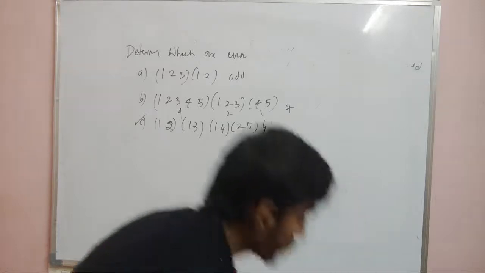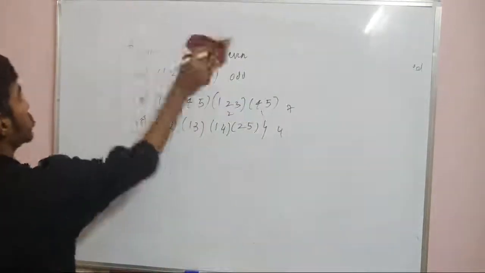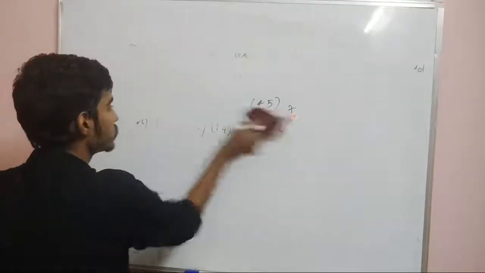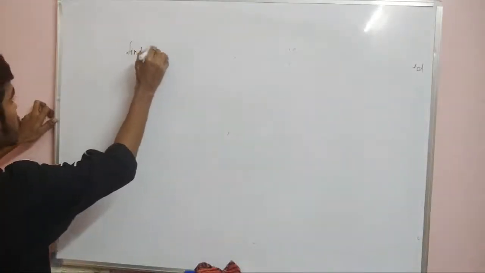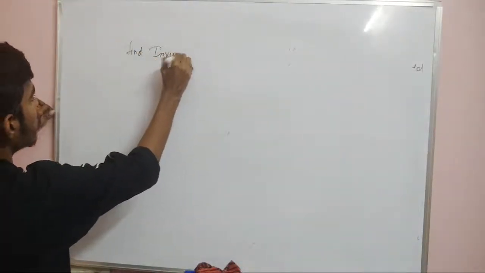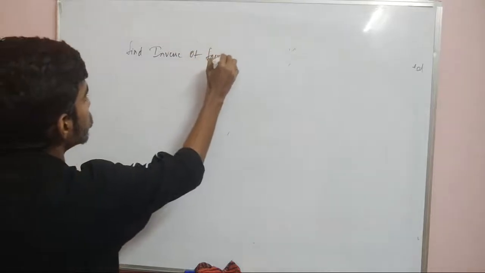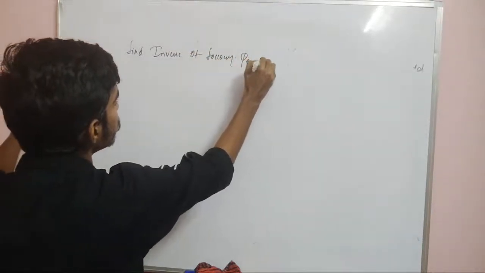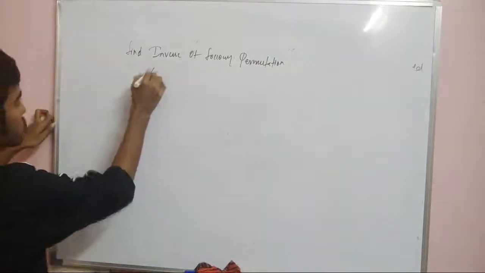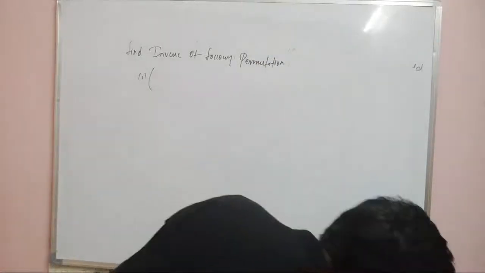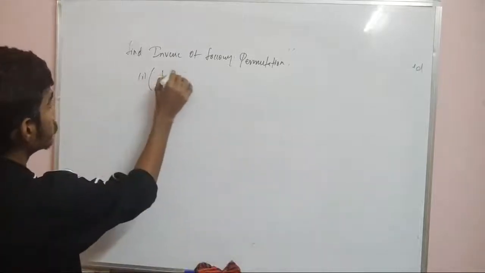Find the inverse of the following permutations. First is 1 2 3 4 over 1 3 4 2.